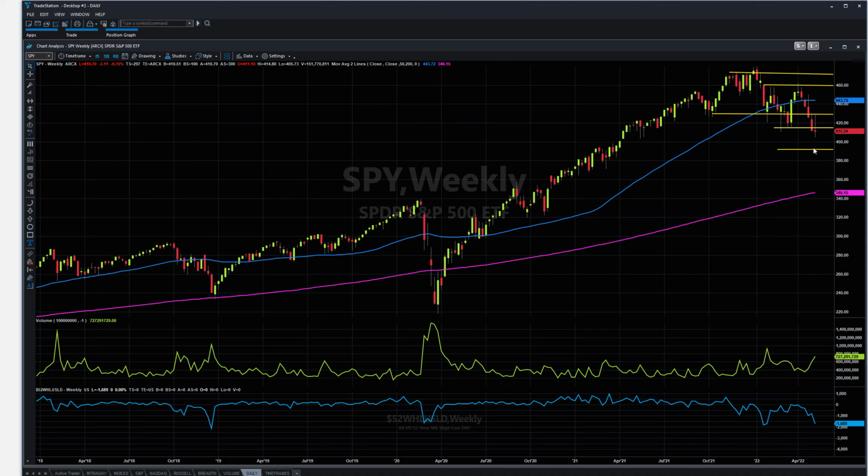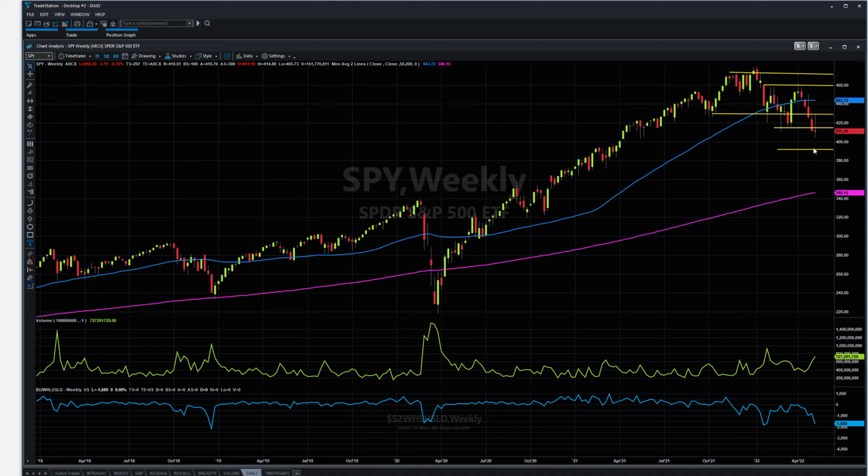So looking forward, if we were to continue this move to the downside, in my trading, I would be aware of what happens when we get to around that 385 to 395 area in the spiders, and be looking for clues from the market to determine whether this potential counter trend move on a weekly basis is coming to completion.